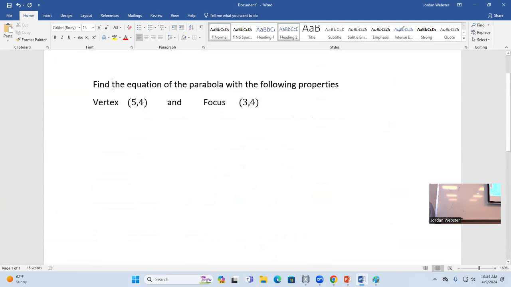If we're thinking about what a parabola looks like whose vertex is (5, 4) and whose focus is (3, 4), well, if the focus is straight to the left of the vertex, then that means the parabola has got to point left.